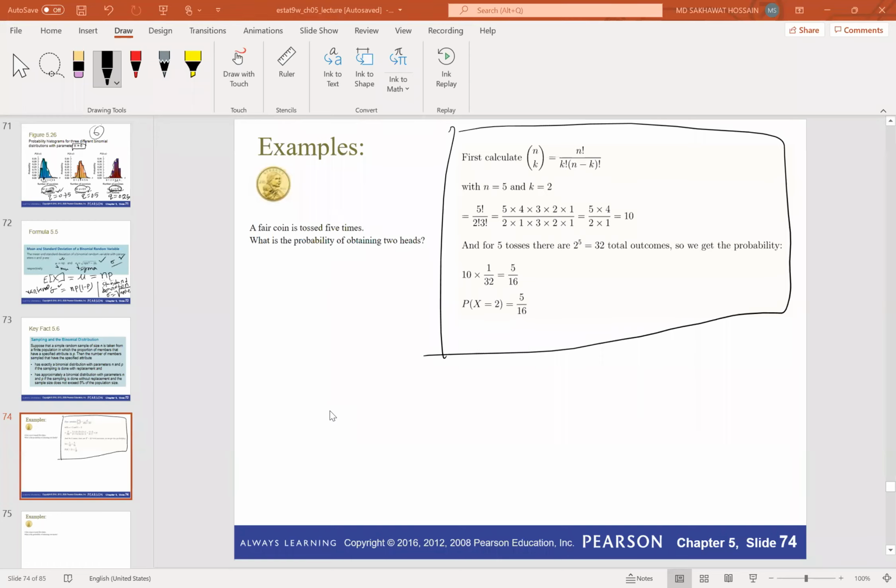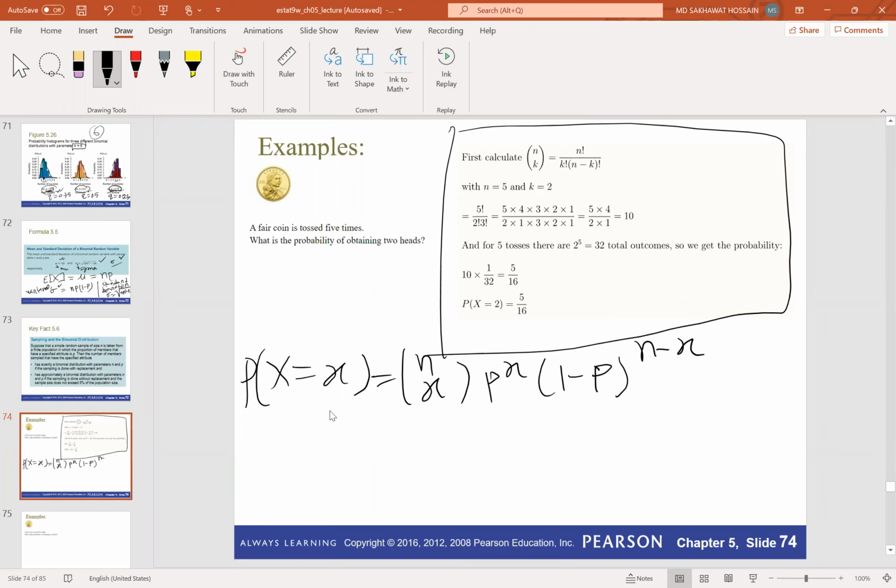Here actually they used k, but we'll be using x. So first we calculate: we have to find the probability of X equal to x, which is nCx times p to the power x times (1 minus p) to the power n minus x.